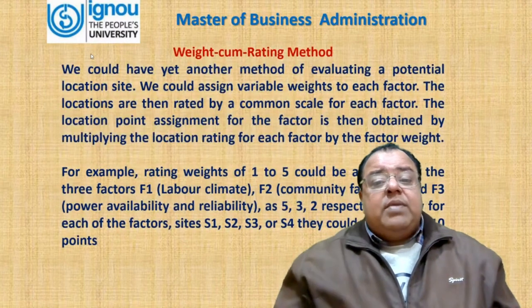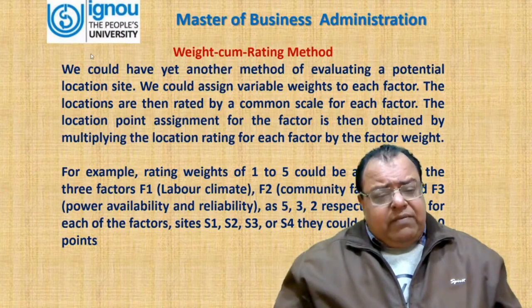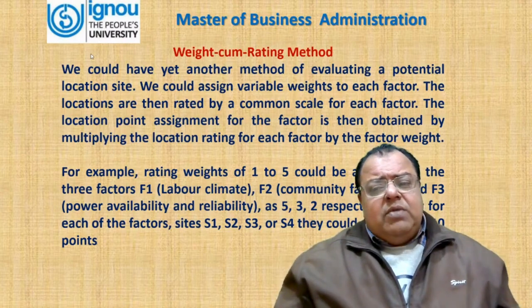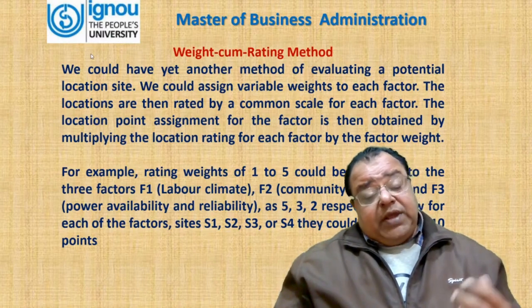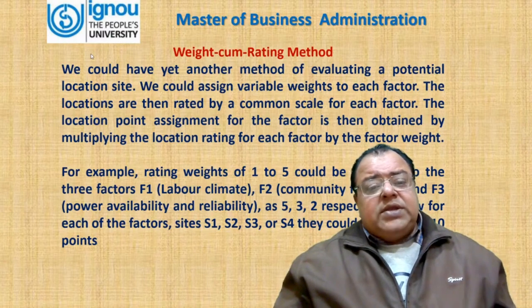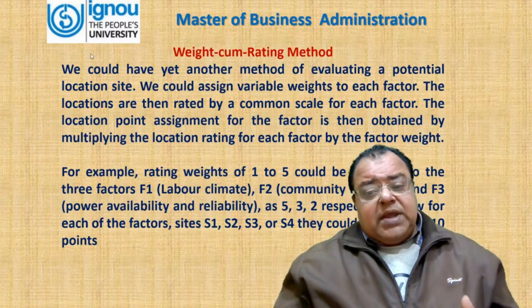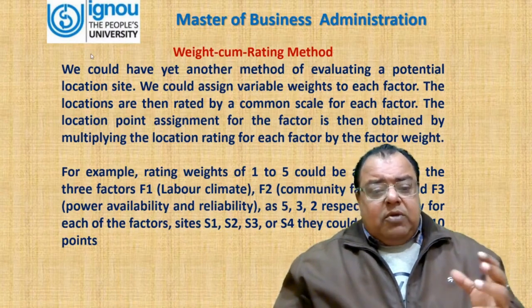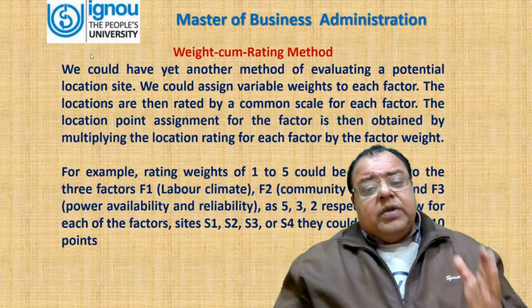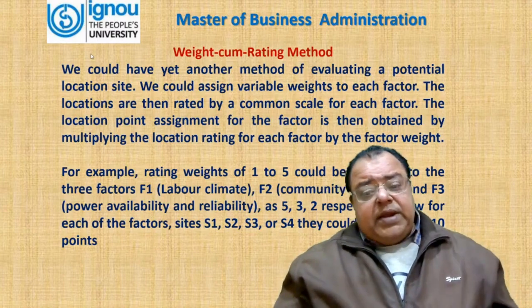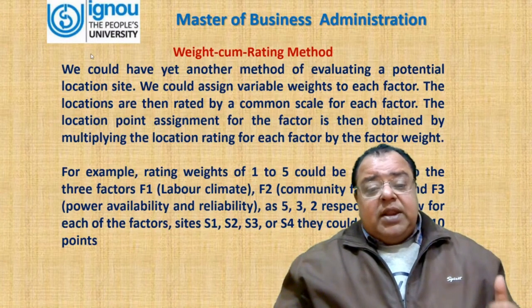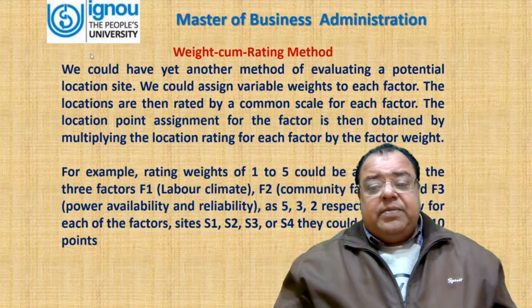Then comes weight cum rating method. We could have yet another method of evaluating a potential location site. We would assign variable weights to each factor. The locations are then rated by a common scale for each factor. The location point assignment for the factor is then obtained by multiplying the location rating for each factor by the weight factor.